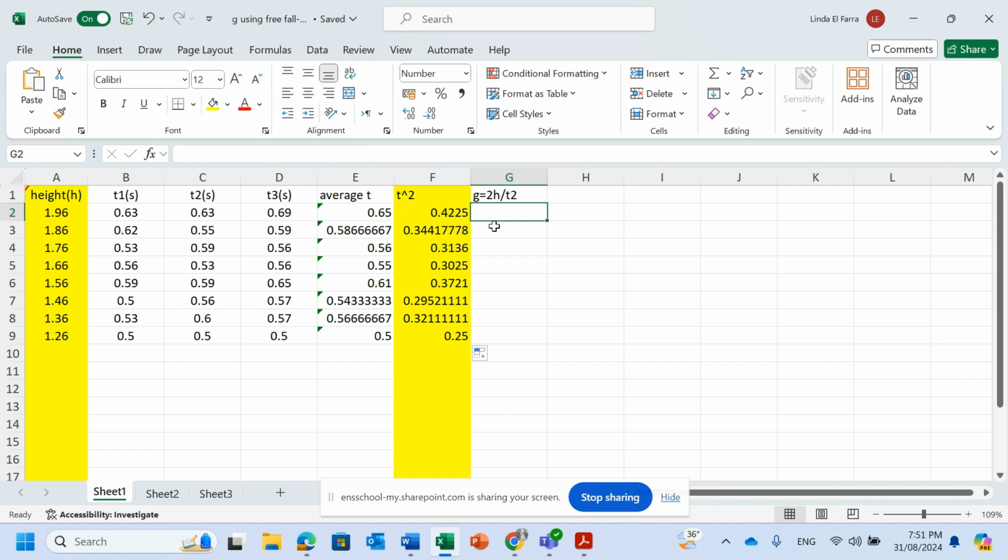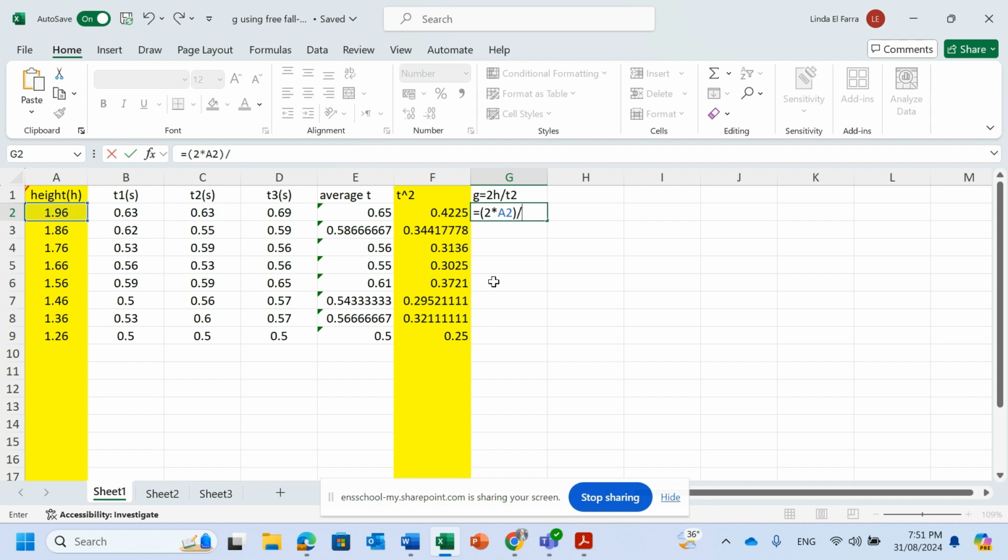So here equal, open bracket, 2 times, which in Excel is shift with number 8, 2 times the height, this is the height, close the bracket. Division is forward slash, so divided by t squared.